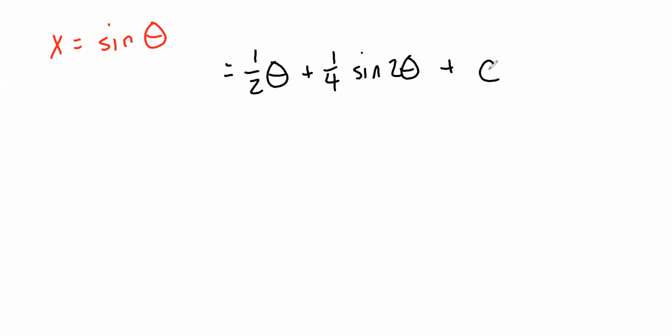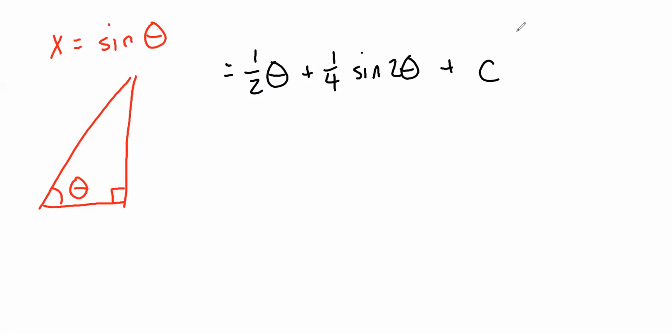The trick to undoing a trig substitution is to draw a triangle of the substitution. But what do I mean by that? Well, assuming our angle is acute, meaning less than 90 degrees, and that's a safe assumption to make here, we can put that angle inside a right triangle. And now let's draw a picture so that sine of theta is equal to x.